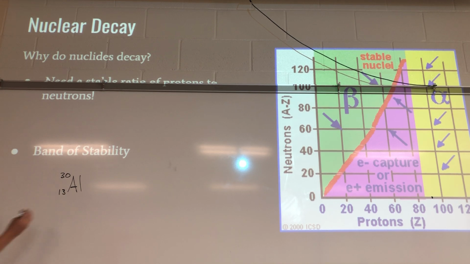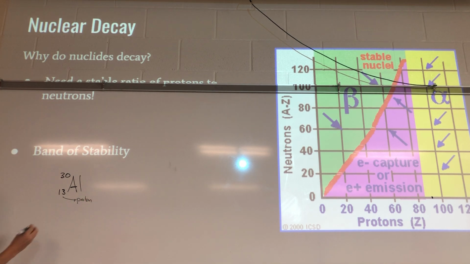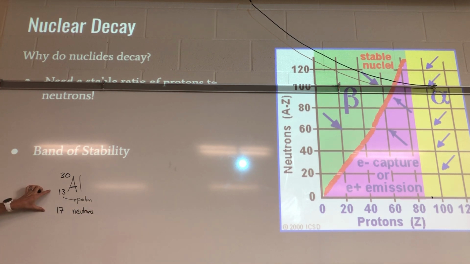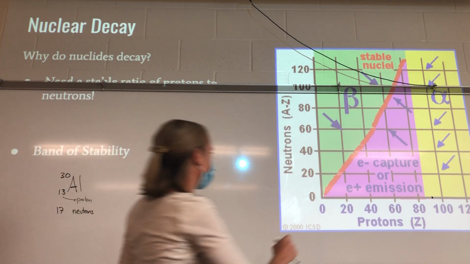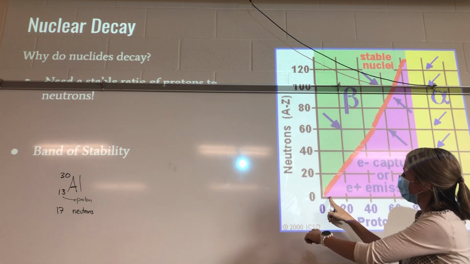Okay, so once again, proton number. Neutrons would be 14. Line it up on your graph. So 13 and 14.